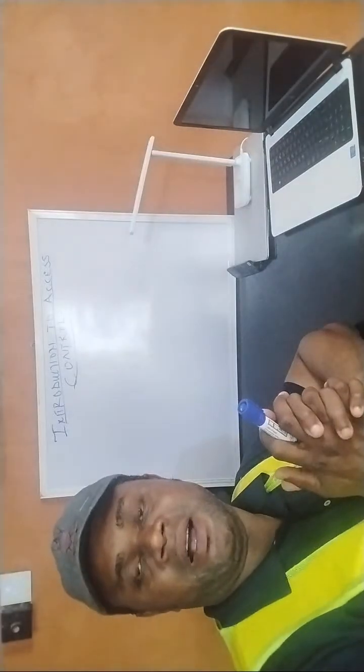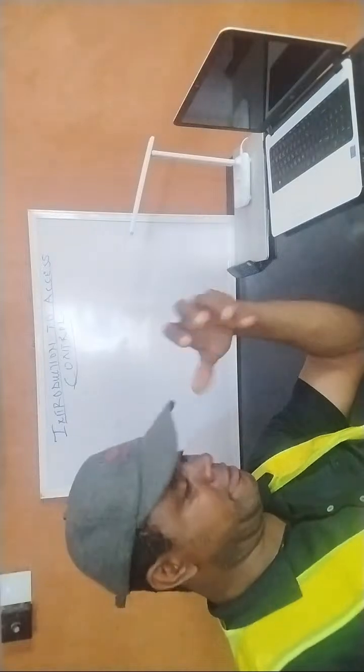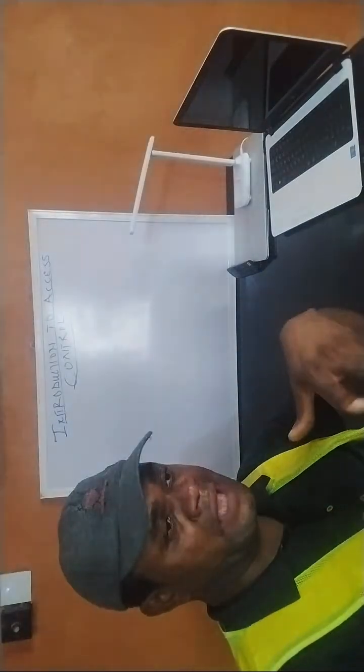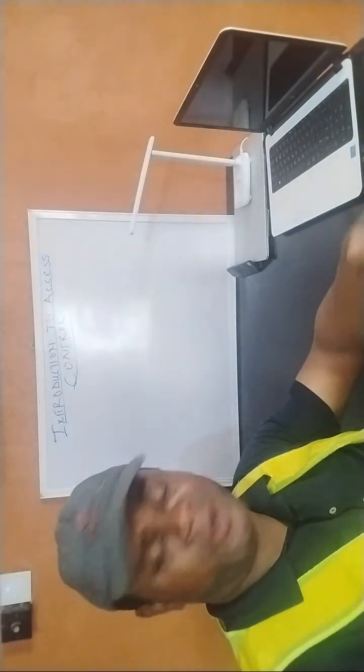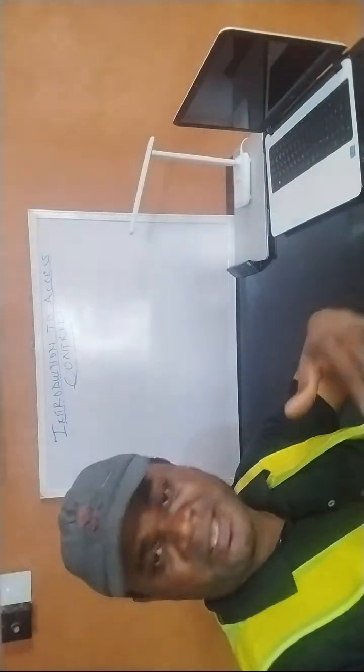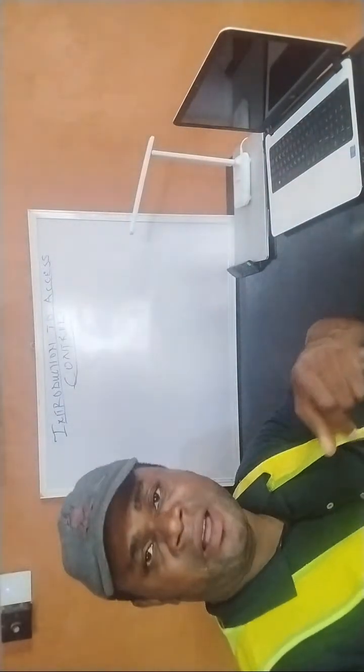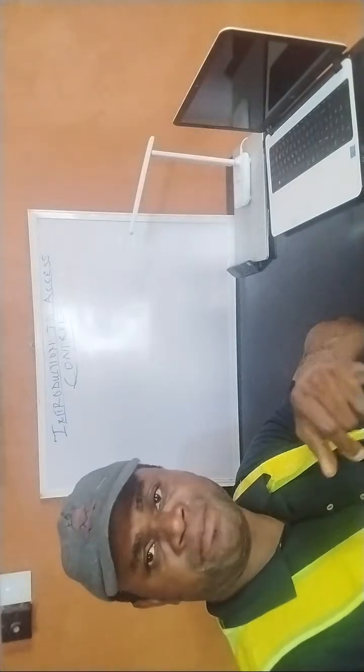Like I was saying earlier, access control is a system you use to limit access to a particular place. You use it for a warehouse, an office, restricted areas. With such access control, not everyone is able to gain access, except maybe their biometric has been programmed to allow them access.